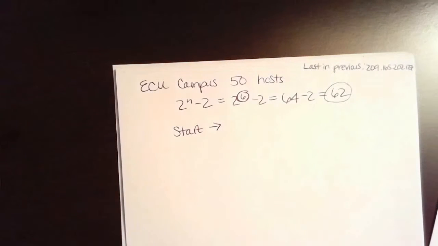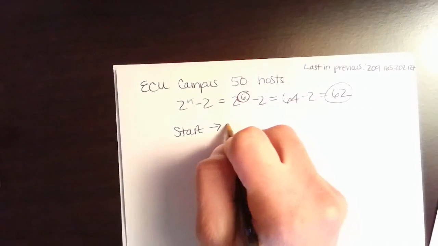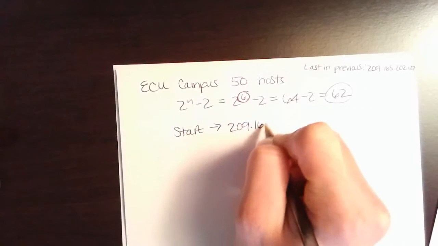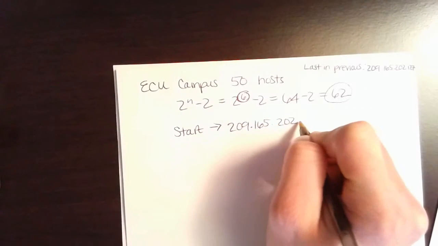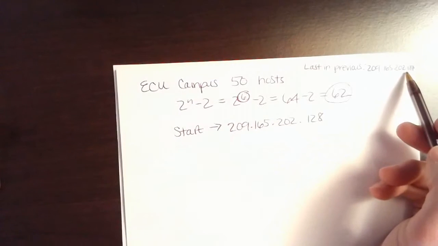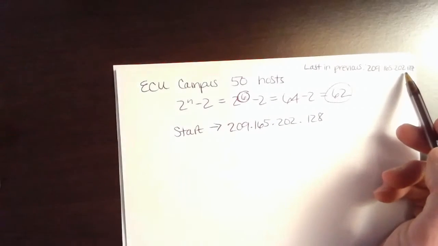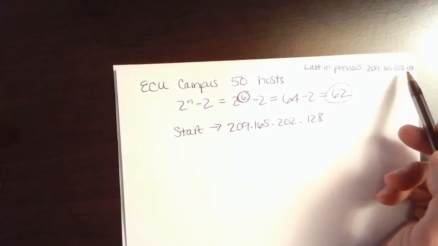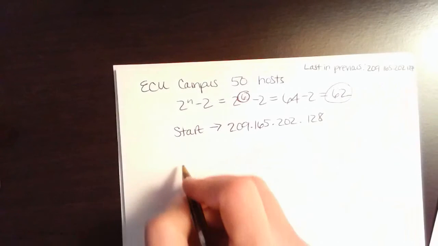Okay, that was our old one, the end of the last one. So here we're just going to start one after that: 209.165.202.128. So that's why it's important that you start out right, because if you get the first one wrong or any of them wrong, all the ones after that will be wrong too, because you'll start with the wrong address.